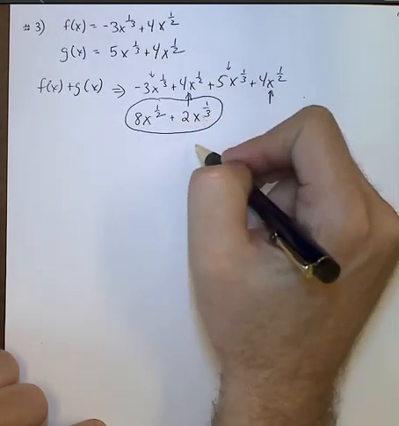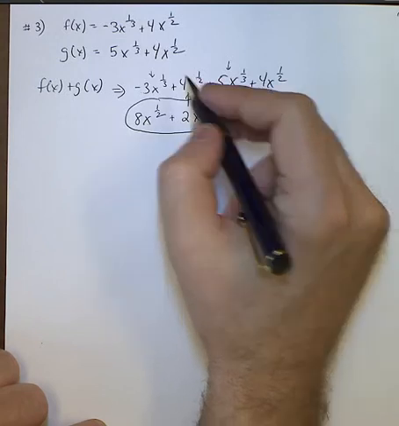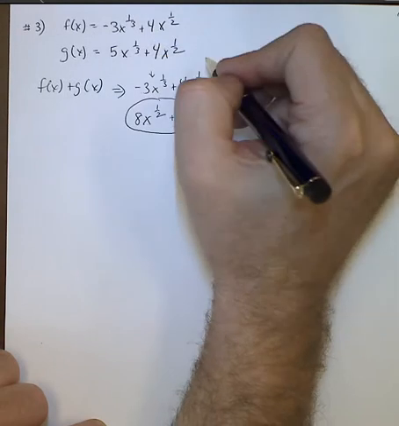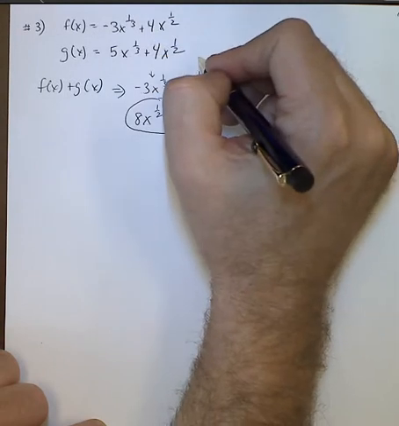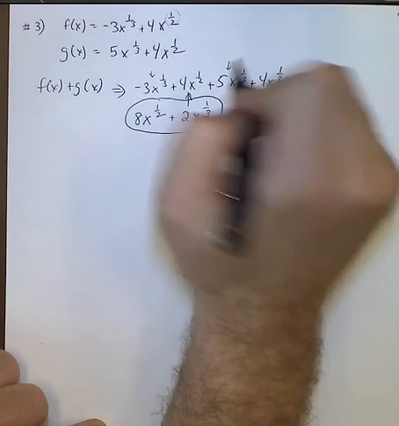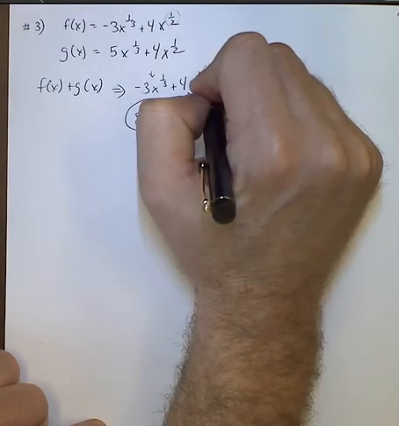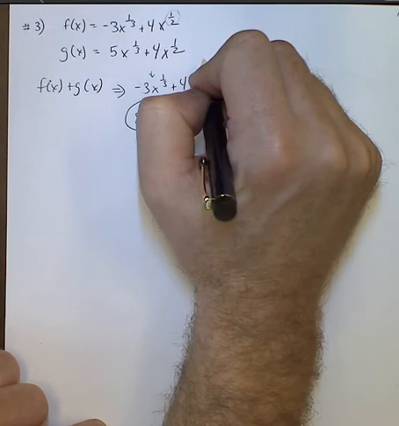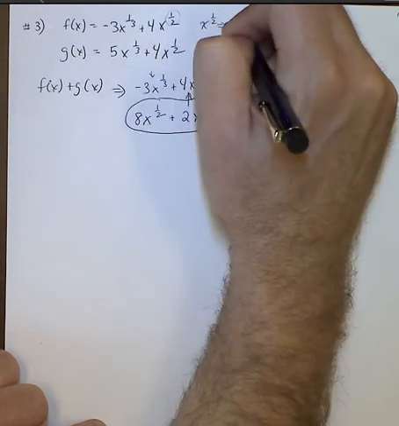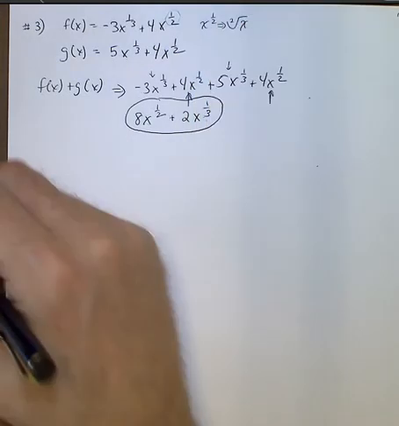Now in terms of domain, you look at each function individually, f of x and g of x, and you say, are there any restrictions on x? Well, when you have an even root, x cannot be negative. You cannot have a negative square root, because remember, x to the 1/2 is the same as the square root of x, and we cannot have square roots of negative numbers.